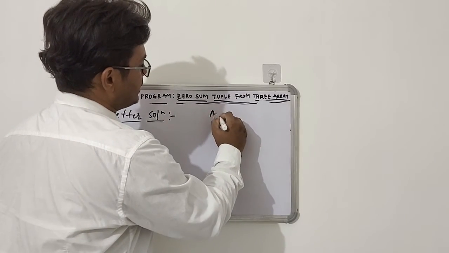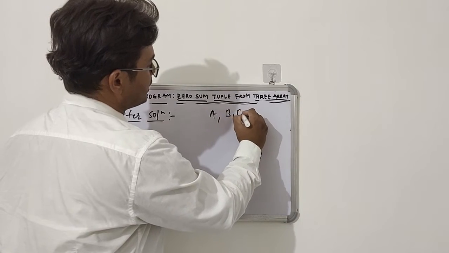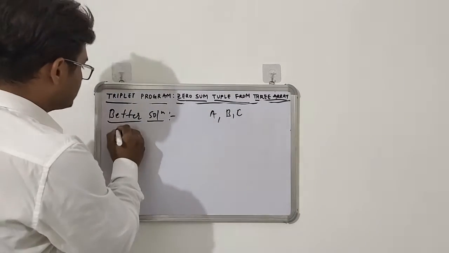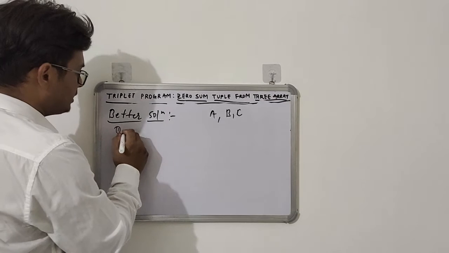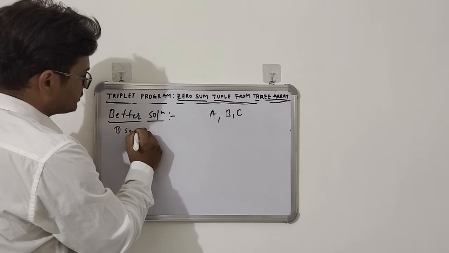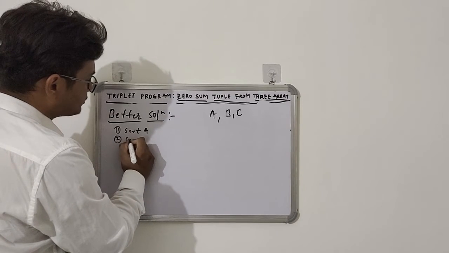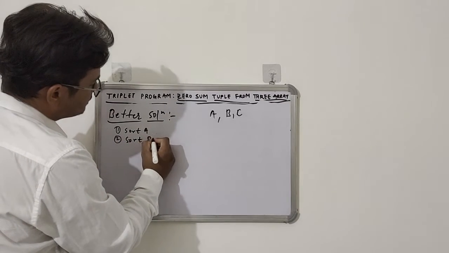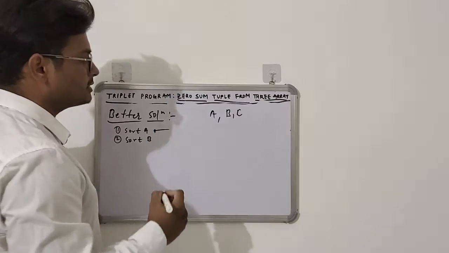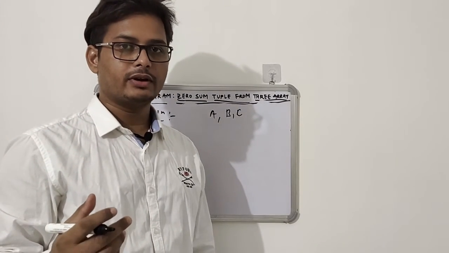Now we have array A, array B and array C. Our first step will be to sort array A. Second step, sort array B. Now for sorting, how much time will it take?